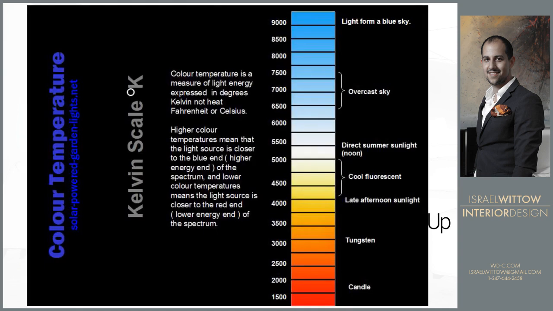So here you can see how in real life the colors are working. You have 1500, and then you have till 9000, and this indicates how warm your light is going to be. So let's say you're trying to achieve a realistic light and the same color.